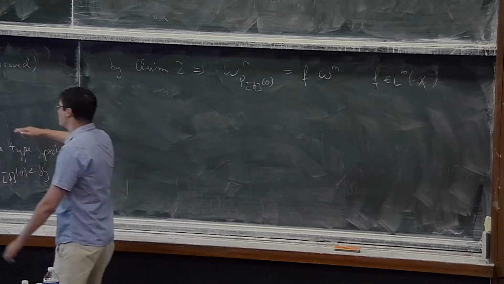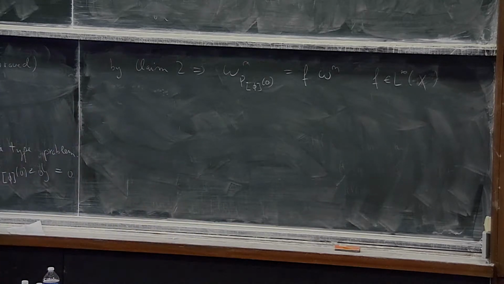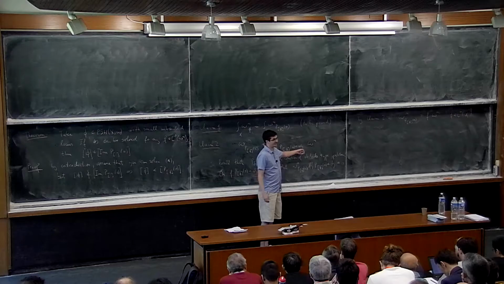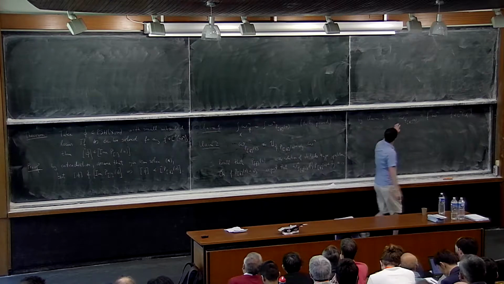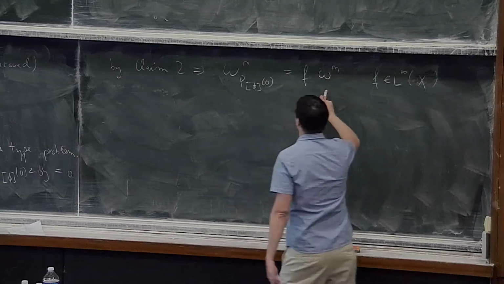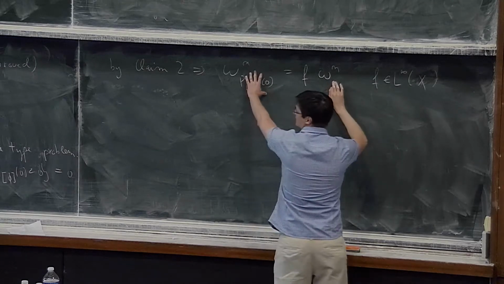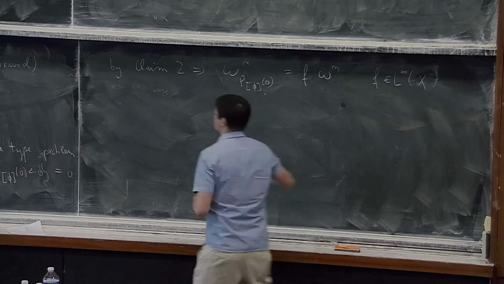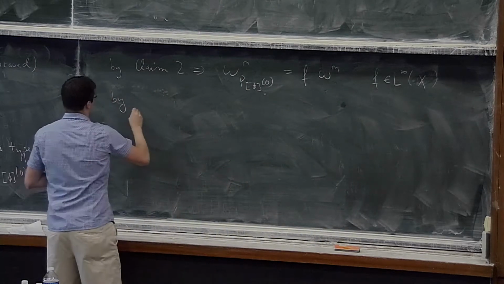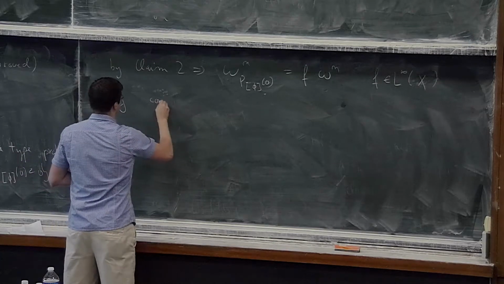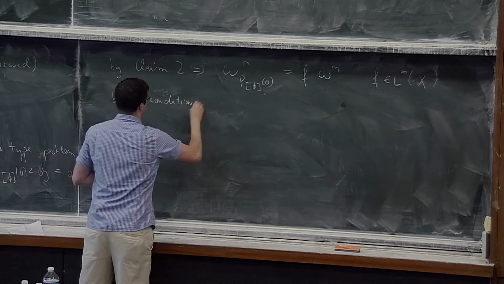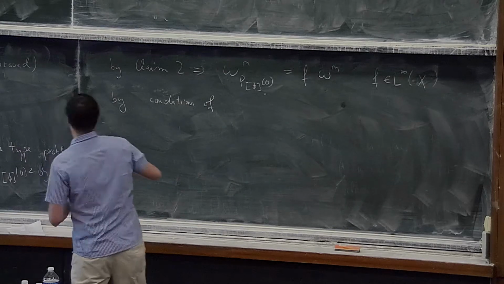So if the full conjecture is true and you have equality here, you can just take f to be the characteristic function of this set. Now, the theorem says that I can solve this Monge-Ampère equation by the conditions of the theorem.